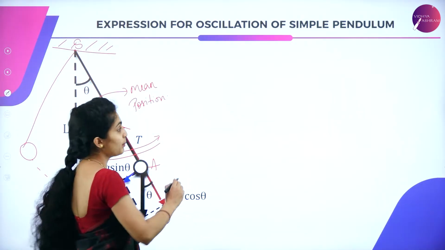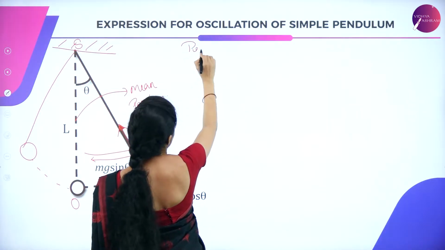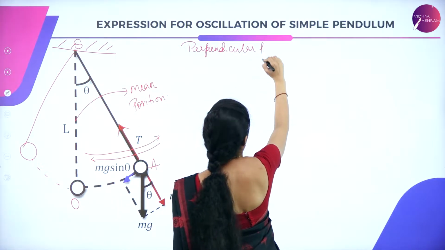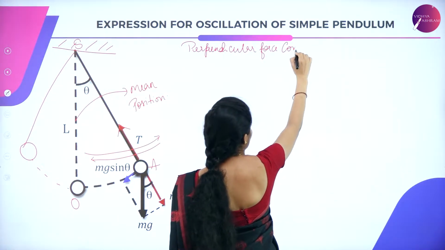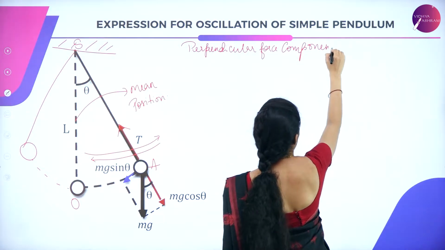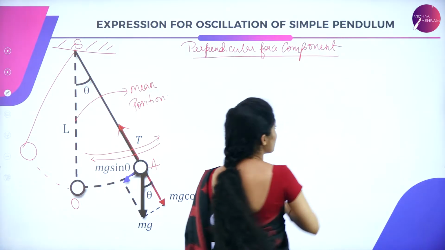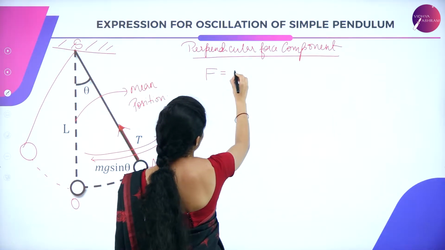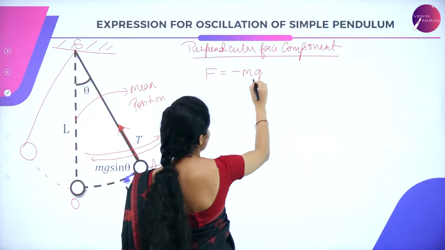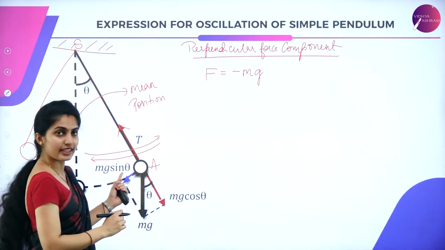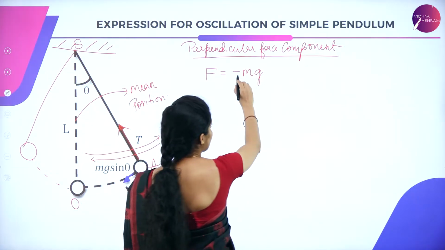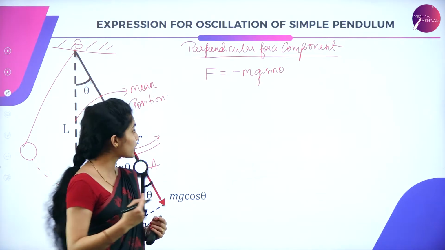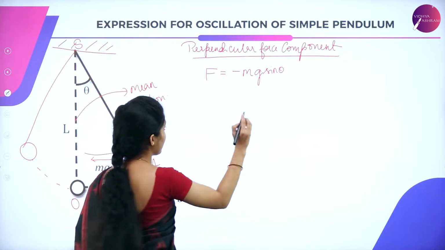So we consider the perpendicular component. On considering the perpendicular force component, we have F is equal to minus mg sine theta, and it is negative because it is the restoring force.